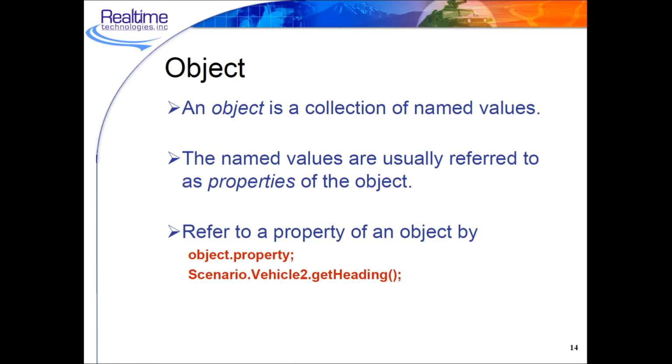So vehicle 2 is one of the ambient vehicles, or a vehicle that you've added, and we are currently getting the heading of that vehicle, the orientation of it, in the simulation. So that's what that line is explaining. You can get specific things using the functions that we've already developed that are defined in the SimVista manual.